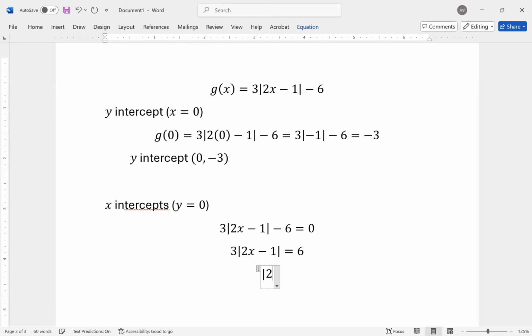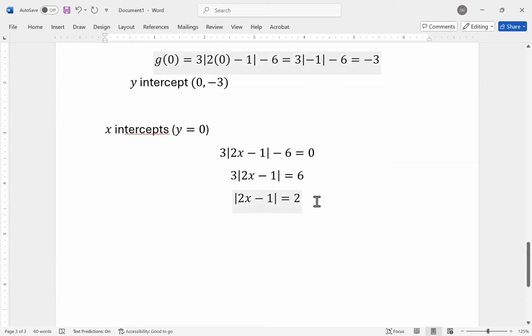I'd get absolute value of 2x minus 1 is equal to 2. And now we're going to have two equations that are going to stem off of this single absolute value equation.